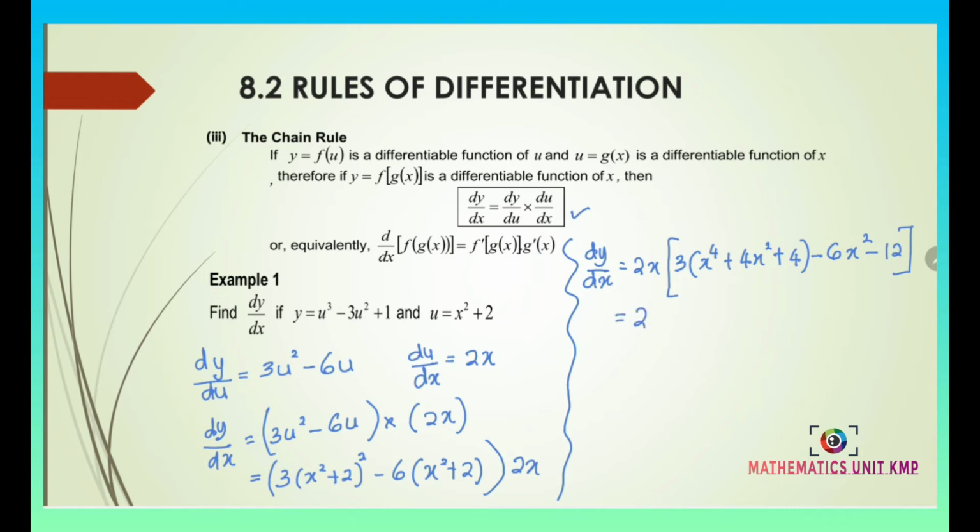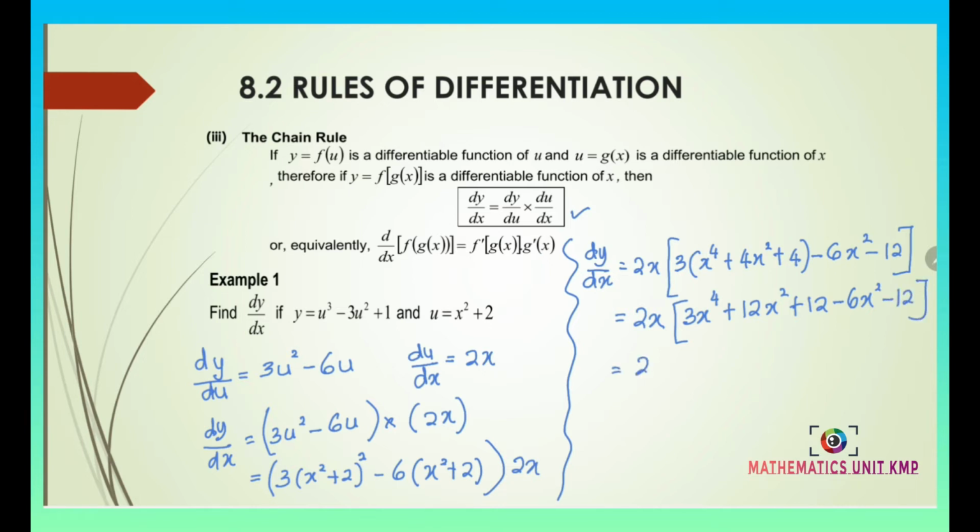Then we can simplify this one as 3x to the power 4 plus 12x squared plus 12 minus 6x squared minus 12.